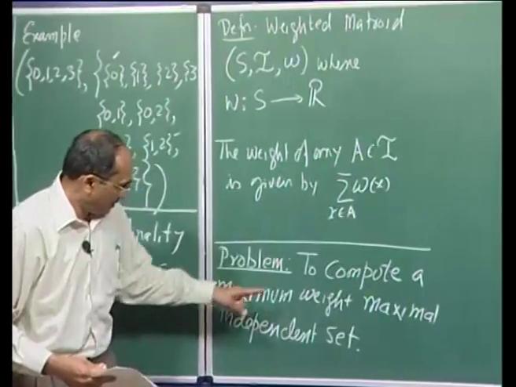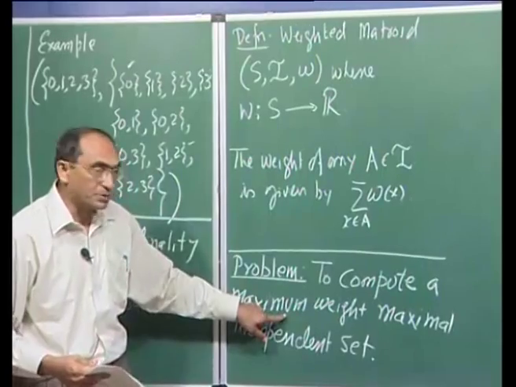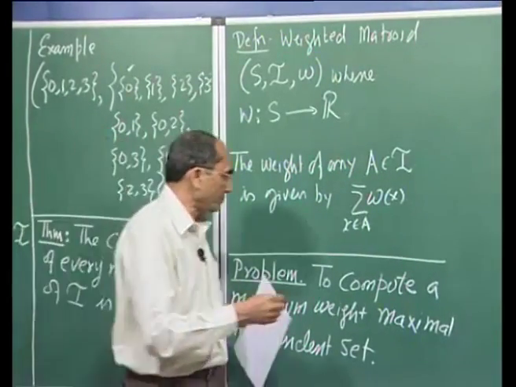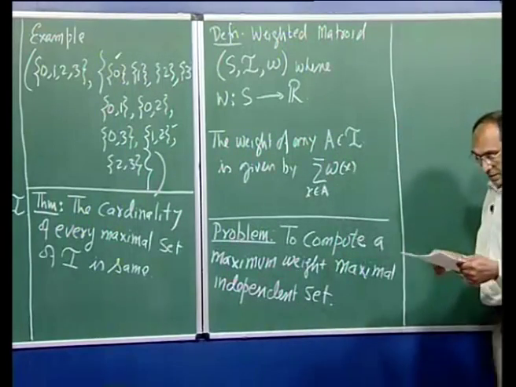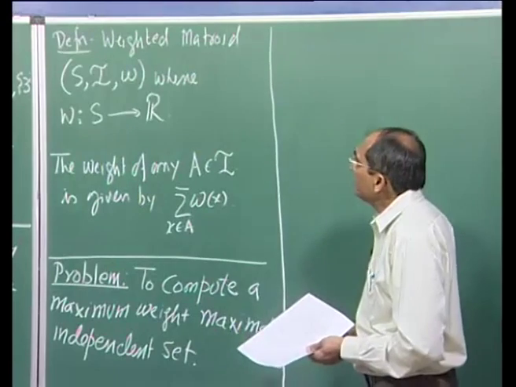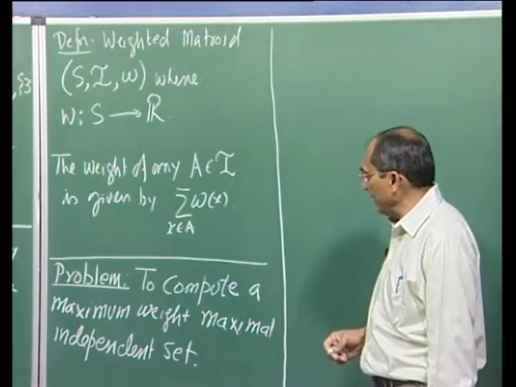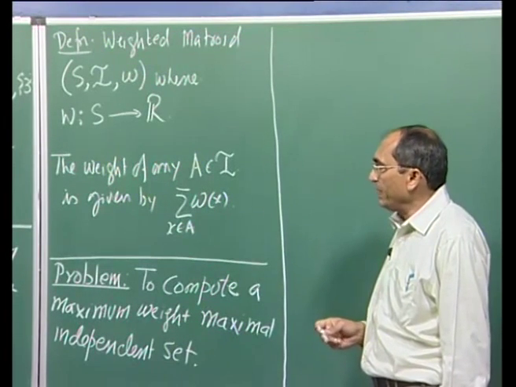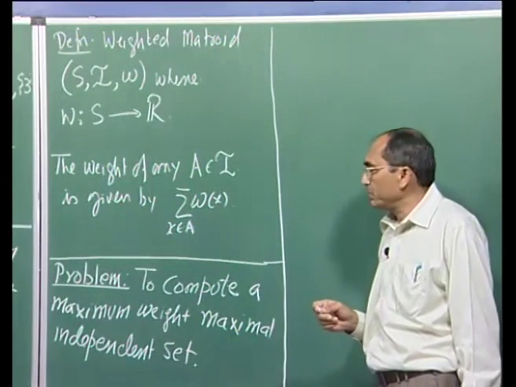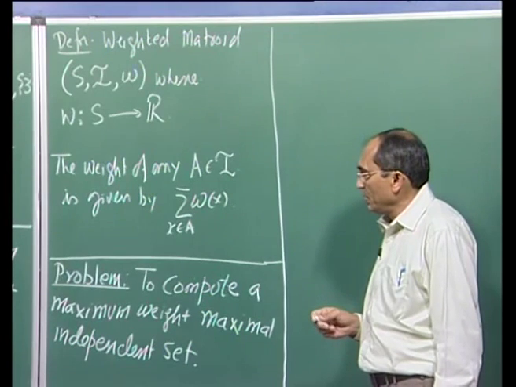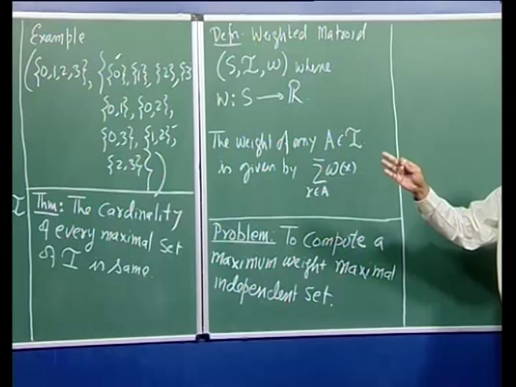Notice that this maximal refers to the cardinality of the set and this refers to the weight. Okay. So, now we are going to give a simple method, and I will not call it an algorithm yet. We will verify the correctness of the method, and then later on we will look at an example by taking an application of a matroid method to a graph problem.